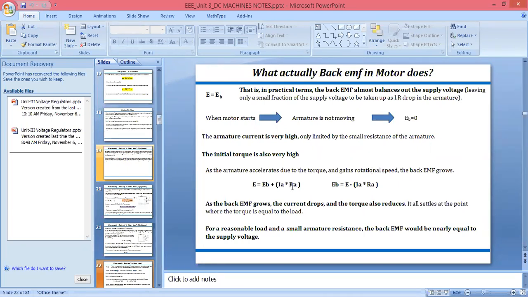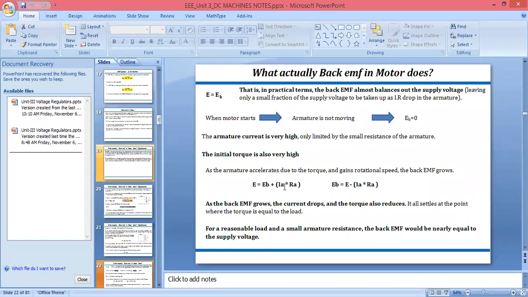But if the value of current IA is high, at that time the initial torque is also very high, because the armature accelerates. If the armature rotates, it gains speed due to the torque, and the back EMF will grow.